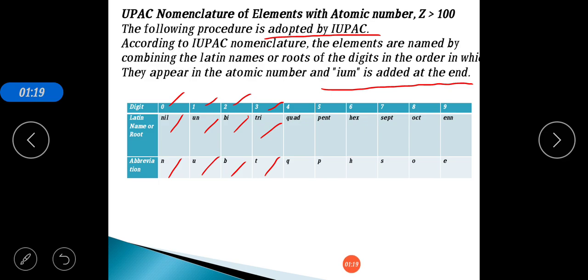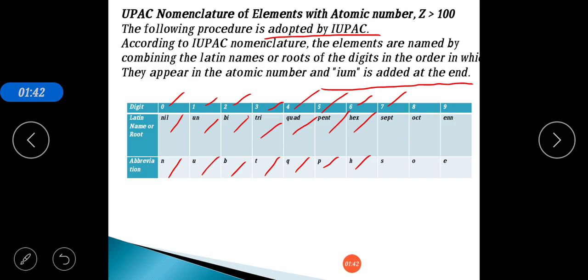For digit 4, quad is the root, Q is the abbreviation. For 5, pent is the root, P is the abbreviation. For digit 6, hex is the root, H is the abbreviation.